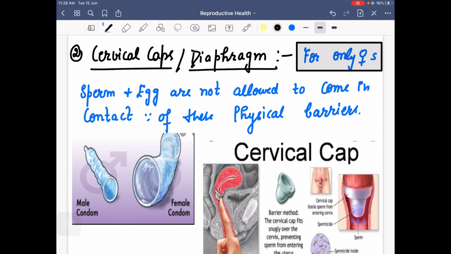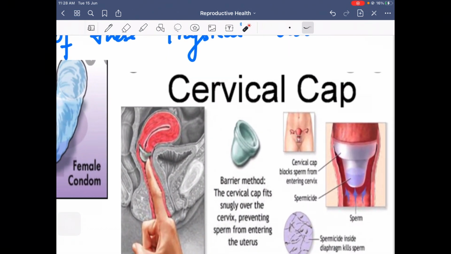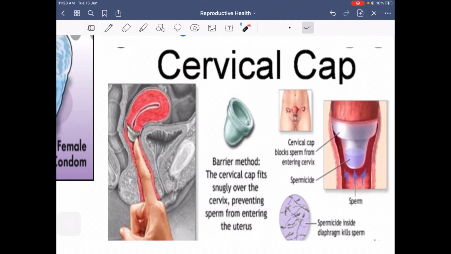Here the sperm and egg are not allowed to come in contact because they are physical barriers, right? So here you can see that this is the cervical cap that is used by the females. If any sperm wants to enter, it blocks the entry of sperm into the cervix.